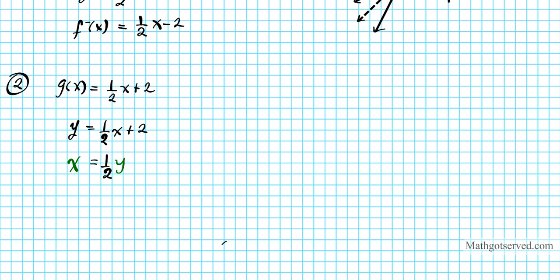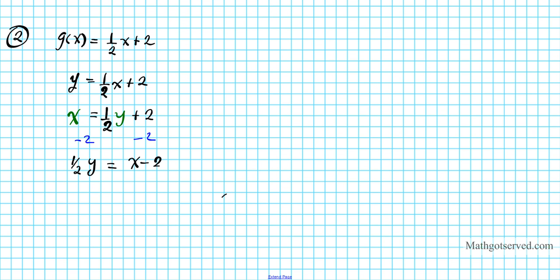plus 2. Now to get y by itself, first thing I'll do is subtract 2 from both sides. That gives me 1/2 y equals x minus 2. These two twos cancel each other out, they add up to 0.